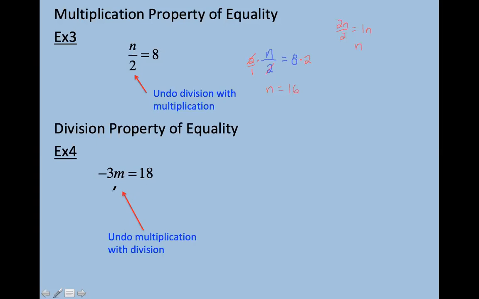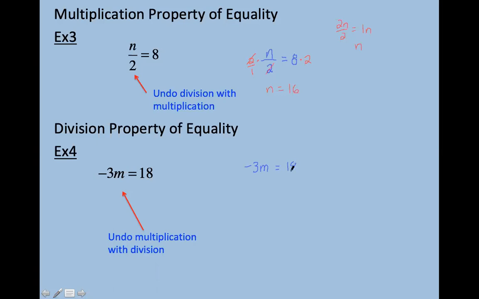All right, this time we're going to be using the division property of equality. To use the division property, you undo whatever multiplication problem you have with division. So I'm going to copy down my problem, and I know this time I have a multiplication problem, and to undo that, I'm going to use division.